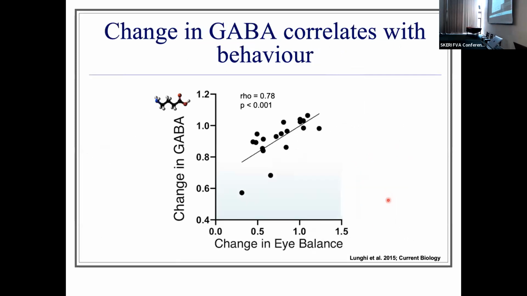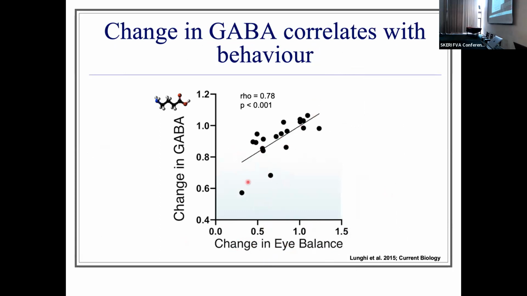But what we can also do is actually look at how the change in GABA varies with the behavioral effect. And what you can see is essentially the greater the change in your eye balance, the greater the change in your GABA.